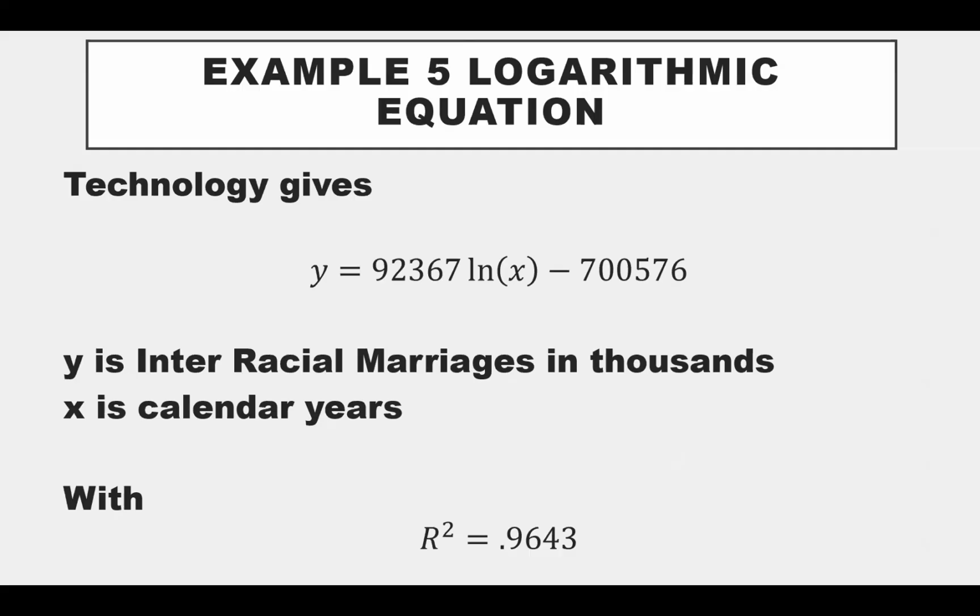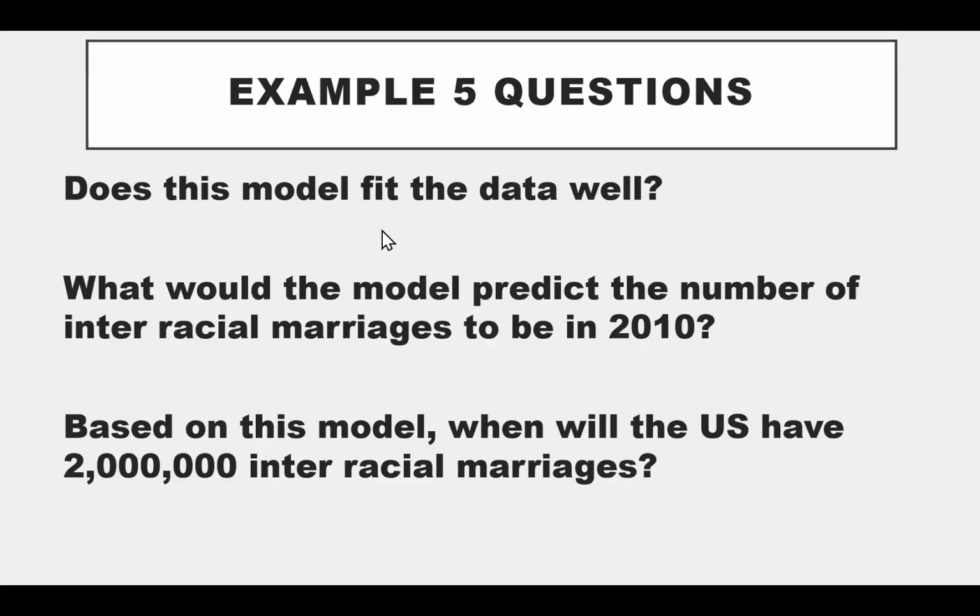So in this case, let's just pick one. I'll pick the first logarithmic equation because it has a better R squared value, where Y is going to be the number of interracial marriages in thousands, and X is going to be calendar years. And let's go ahead and answer these same types of questions with that logarithmic model.